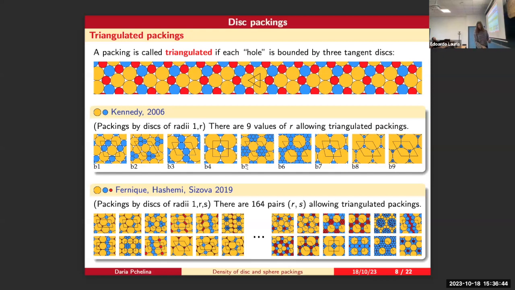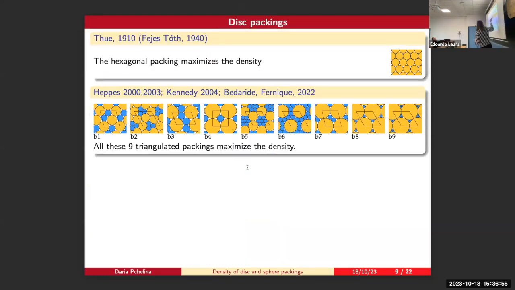Why do we look at these packings? Because they seem dense, they might be optimal. And actually it's the case. The first one, the hexagonal packing, was proved optimal. It was also proved not so long ago that for each of these pairs of disk radii, the triangulated packing shown here is optimal also.